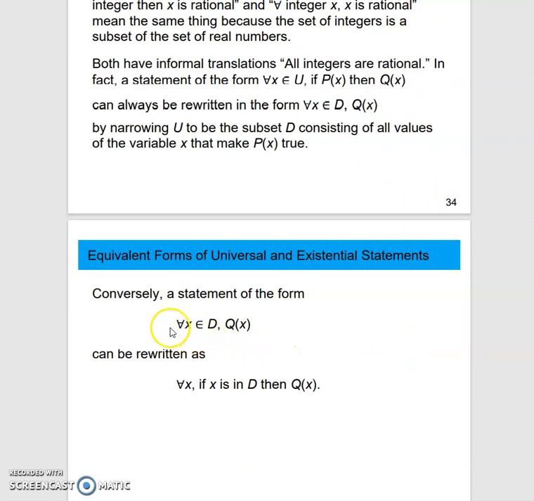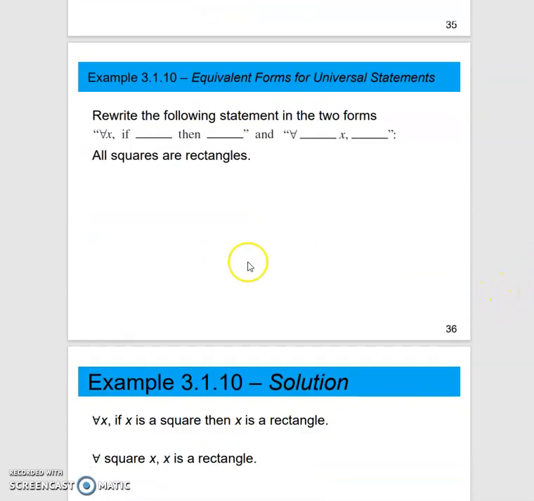And similarly, if we've got for all x in D, comma Q, again, you could also then write for all x, if x is in D, then Q of x. So we would say these two are equivalent. This one is just the slightly shorter version. So let's write this more than one way. All squares are rectangles. We could write for all x, if x is a square, then x is a rectangle. We could say for all square x, x is a rectangle.